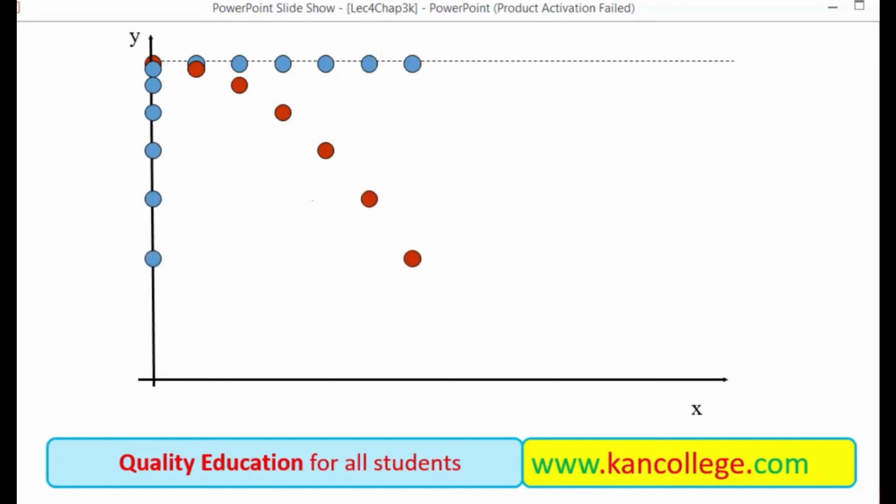At every point, the ball is moving in two dimensions.